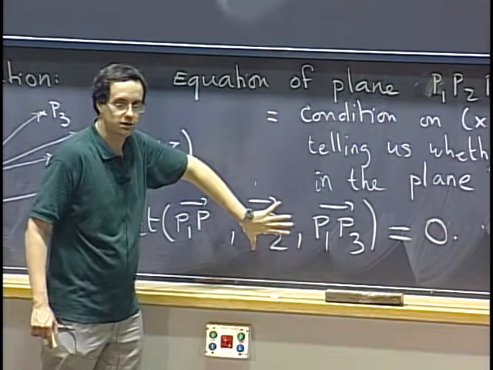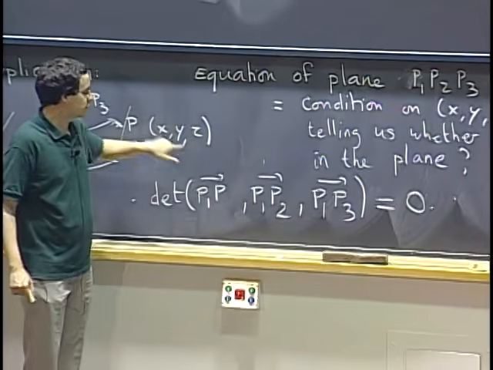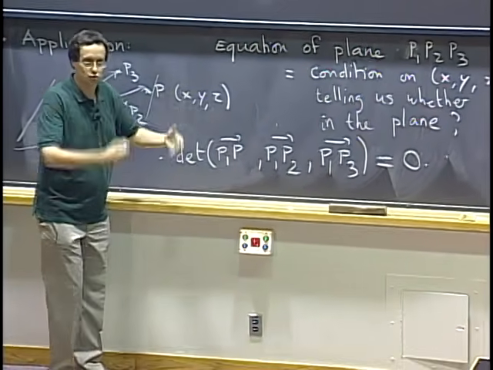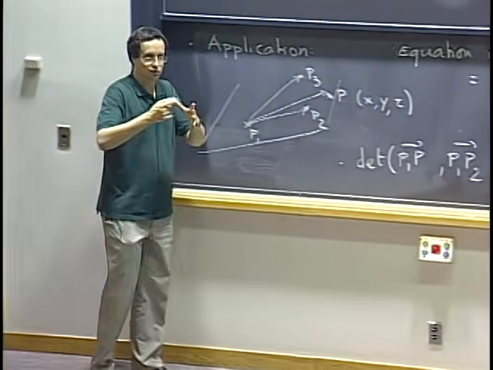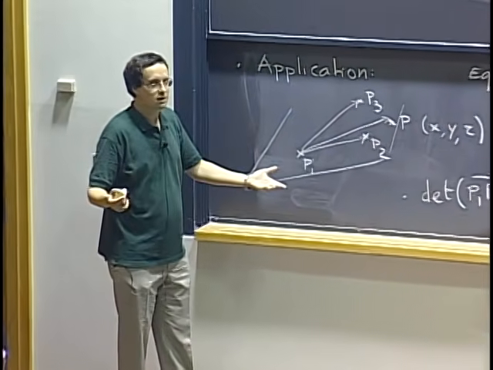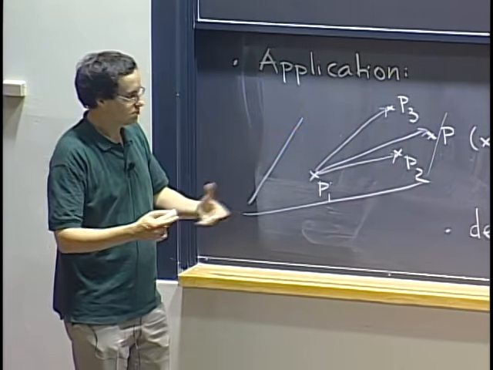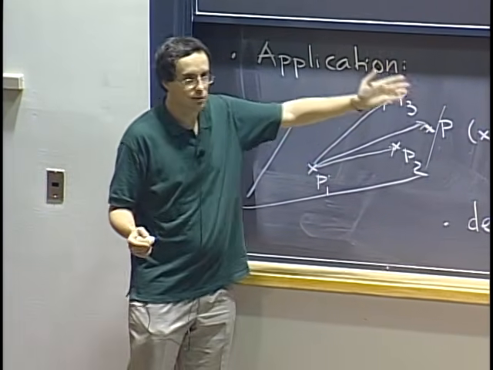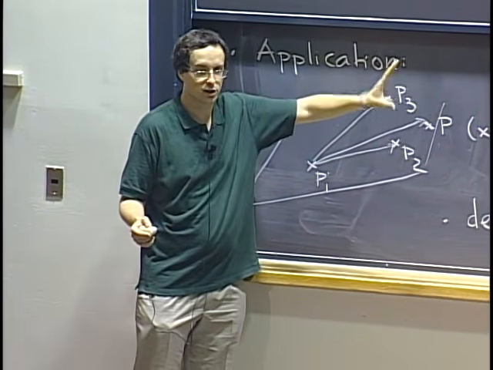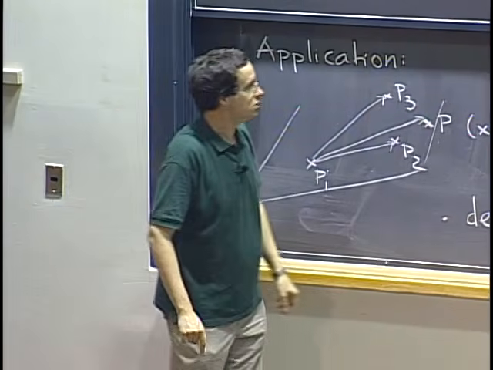But here, of course, this would depend on x, y, and z. So when you compute the determinant, you get a formula that involves x, y, and z, and that condition on x, y, z is the equation of a plane. We're going to see more about that pretty soon.